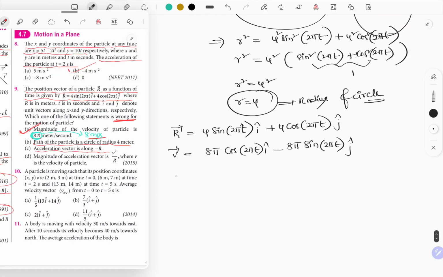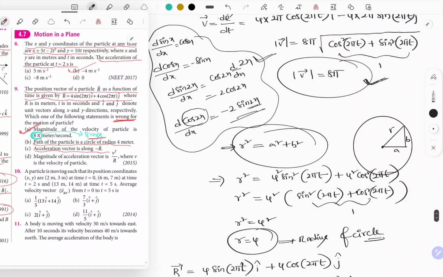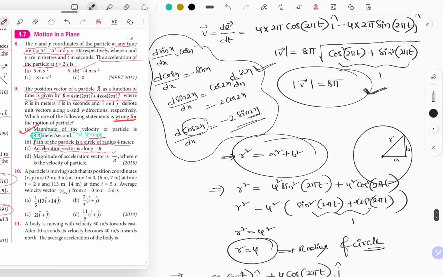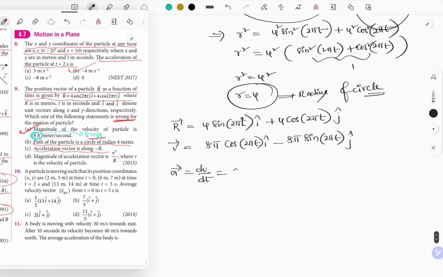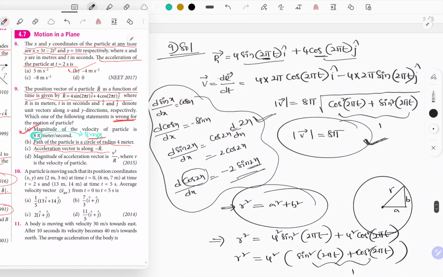Super. What about acceleration? Acceleration in the sense you have to differentiate this again, dv bar by dt. Already I have explained how v bar is obtained. So next, 8 pi is constant. Differentiation of cos is minus, so you are going to get minus 2 pi sin of 2 pi t. I'm just following this rule: if I have cos 2x, differentiation is minus 2 sin 2x, and sin 2x differentiation is 2 cos 2x, the 2 comes as a multiplier.